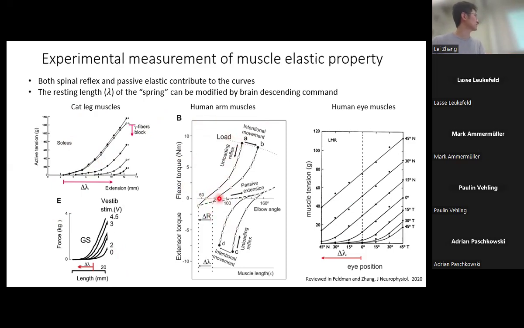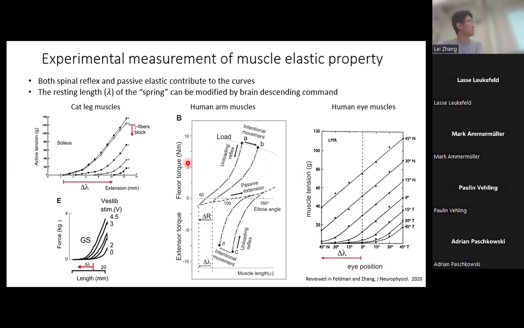At different lengths of the muscle or different joint angles, you can plot this similar length-force characteristic of the muscle. Even in the eye muscle you can do that. In some surgeries, the doctors also tested this. They stretched the eye muscle, and surprisingly they also got a similar curve.